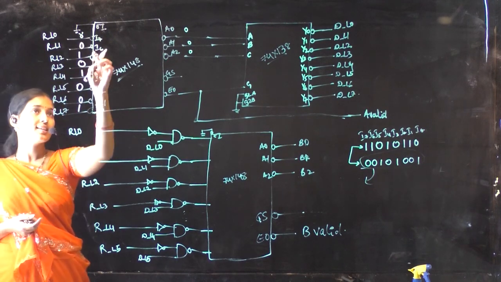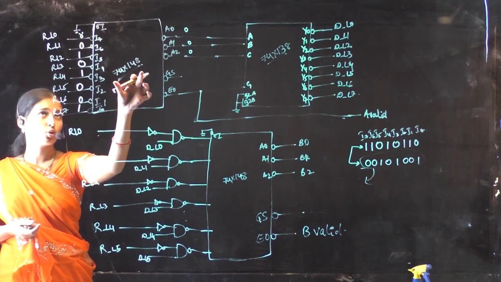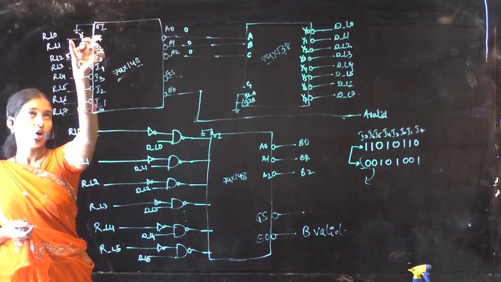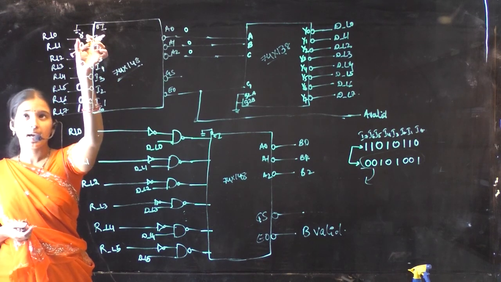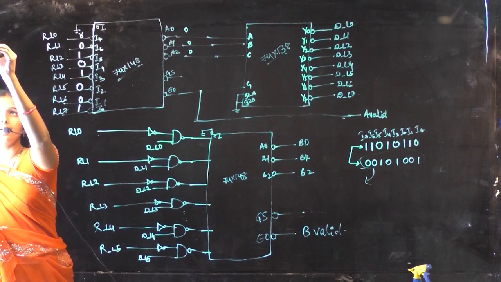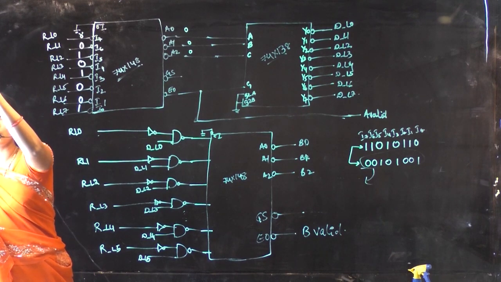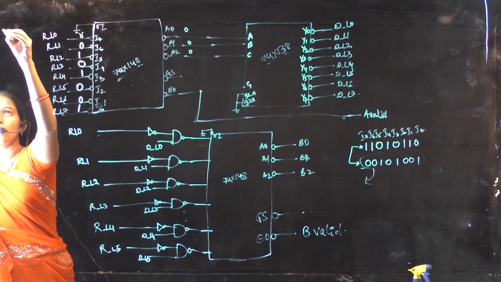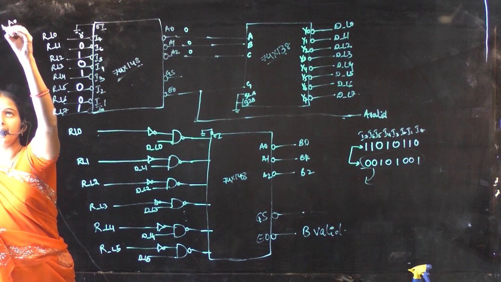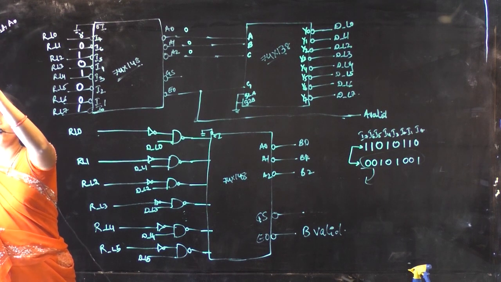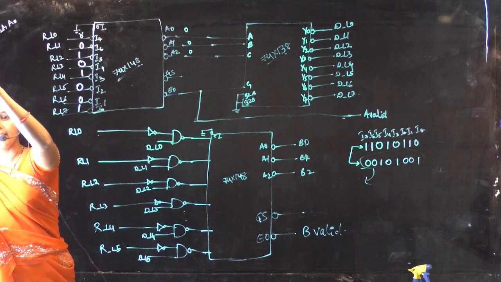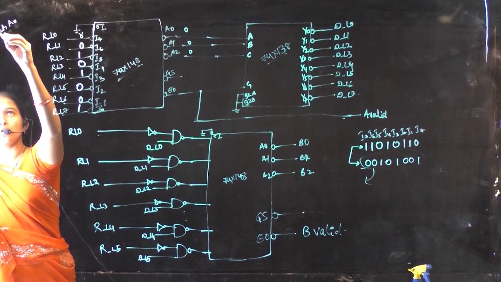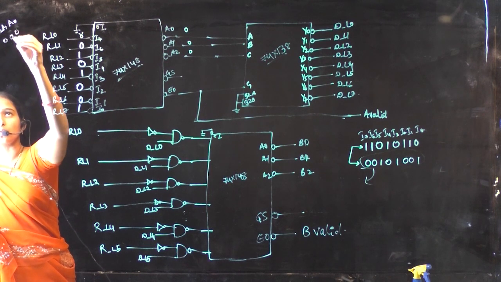As this is the highest priority encoder, it will check I7. I7 is 0 here. As we know from the truth table, if I7 is equivalent to 0, irrespective of other inputs, the outputs A0, A1 and A2 will be 0, 0, 0.